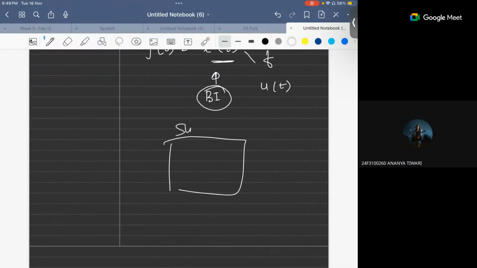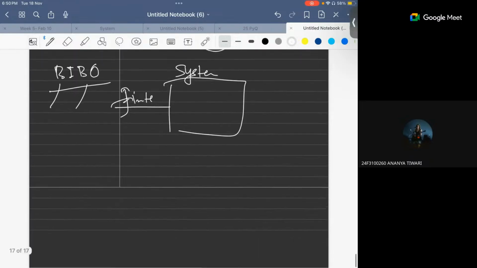So for any system, you are putting some finite value. Infinite you can't put, because I already told you the stability that we are checking, we are giving the input only a finite value. That's why we are checking BIBO stability, bounded input and bounded output. We are not checking all the combinations. Stability can have n number of things, but we are just worrying about bounded input, bounded output.